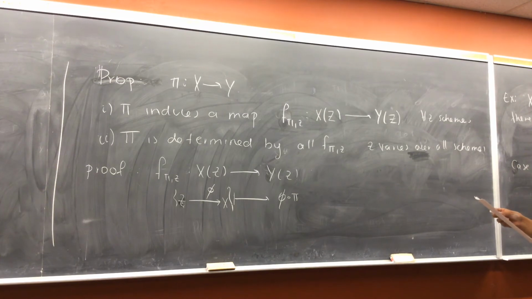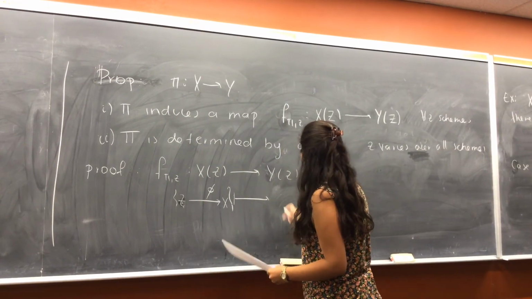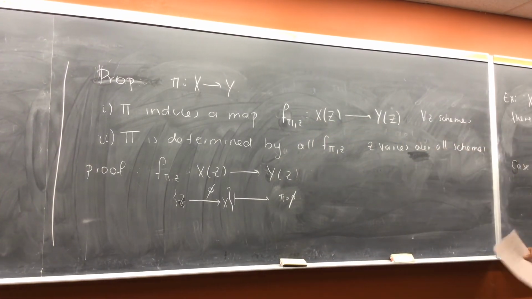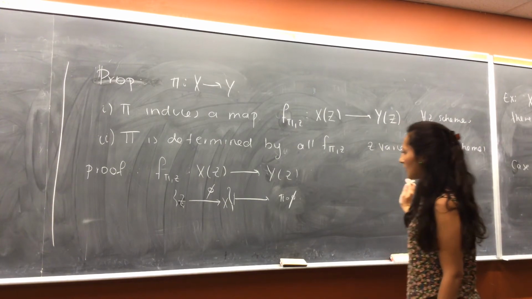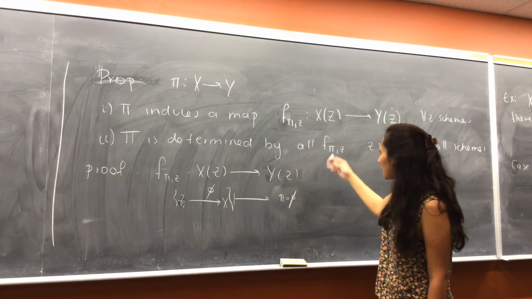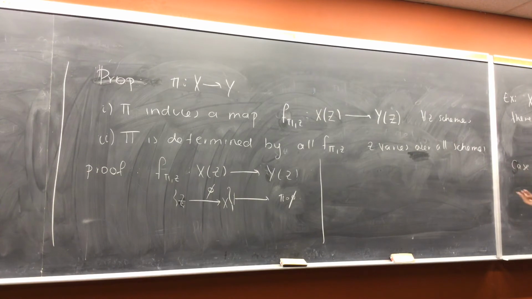Is that the correct order? Or I think it's the other way: pi composed with phi. So this is just a way to come up with a map on S valued points in each case.